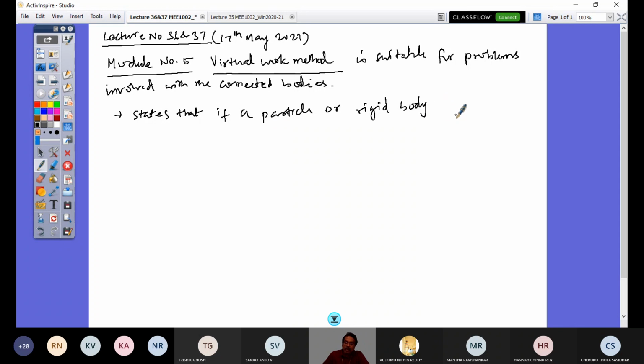or more generally a system of connected bodies. A frame structure formed by multi-force members as well as axial members is an example of connected bodies.